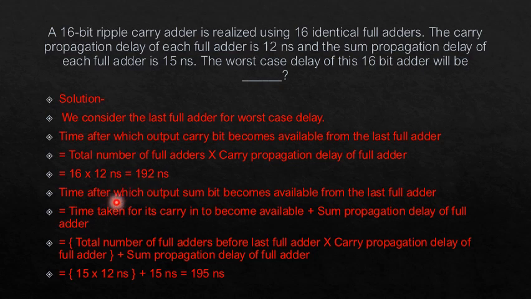The time after which the output sum bit becomes available from the last full adder is the time taken for its carry in to become available plus the sum propagation delay of the full adder, that is 15 times 12 nanoseconds plus 15 nanoseconds, which is 195 nanoseconds.